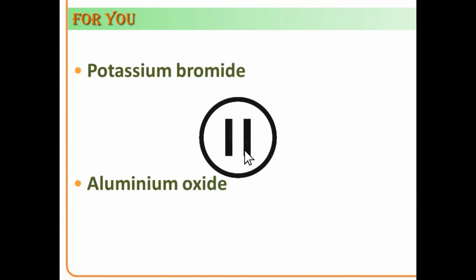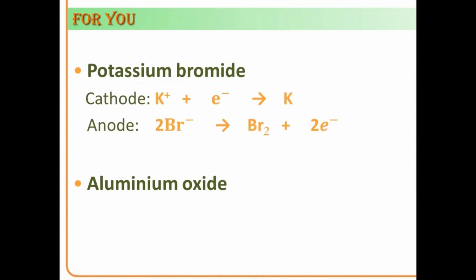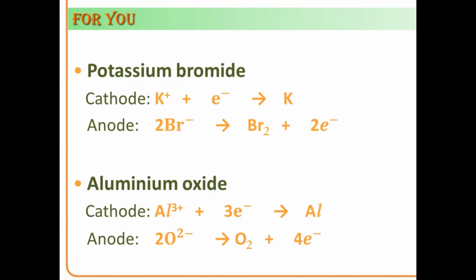Okay, here are the answers. For potassium bromide: K plus, group 1, Br minus, group 7. Aluminium oxide: Al3 plus, group 3, O2 minus, group 6.